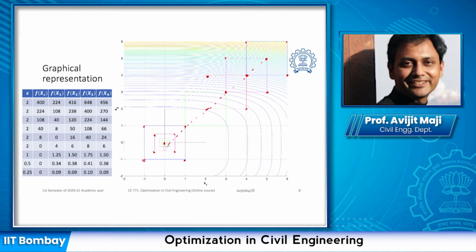The other concern with this particular method is that in every iteration we are required to evaluate 4 objective functions. And as I said earlier, if the objective function evaluation is quite complex, then it is going to take up a lot of computation.